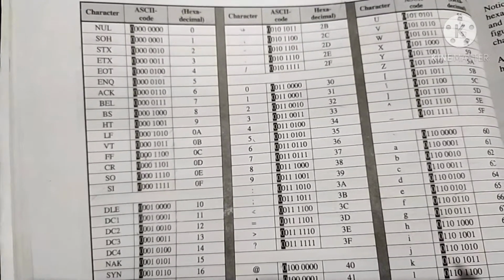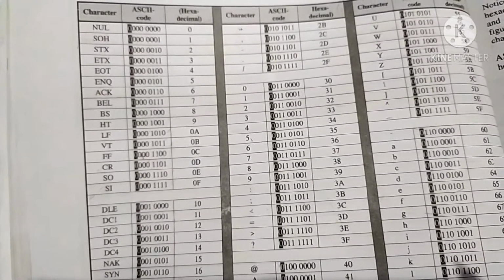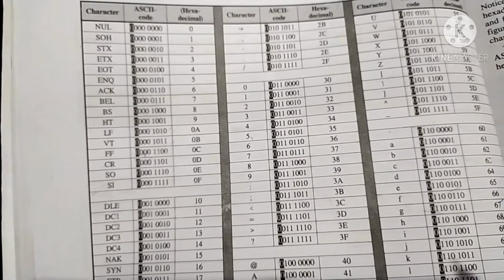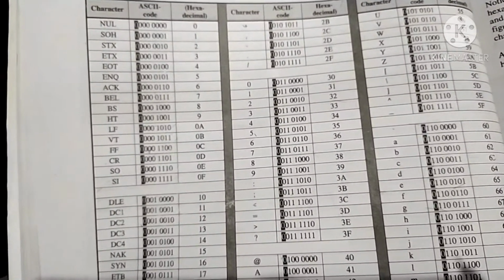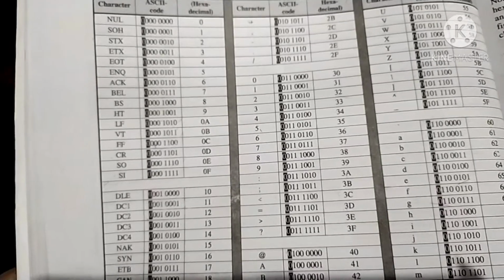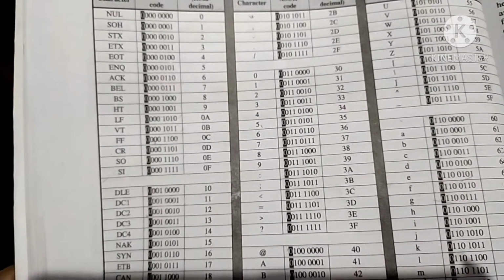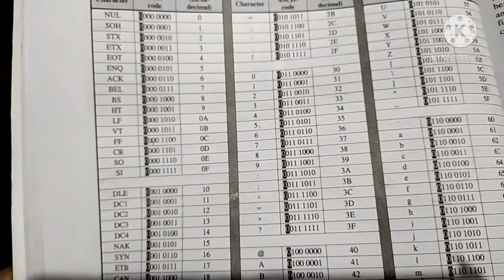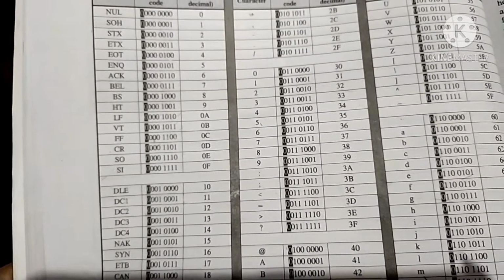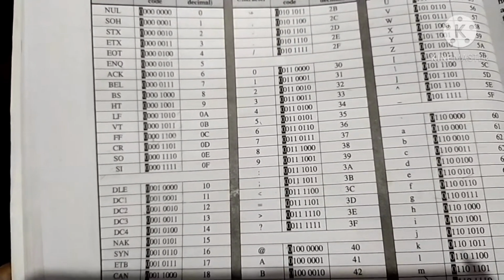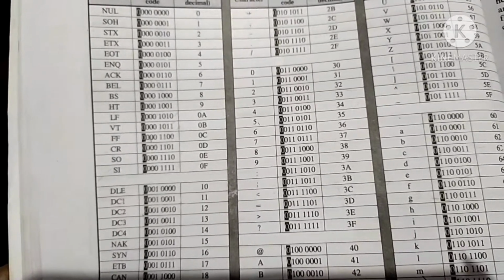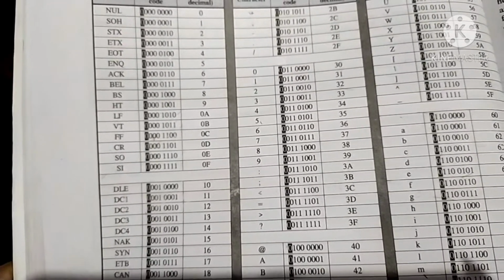You can observe that it is grouped as 4 plus 4 sets of bits, totally 8 bits. If you press 1 on your keyboard, 1 is represented as 00110001 for a computer.